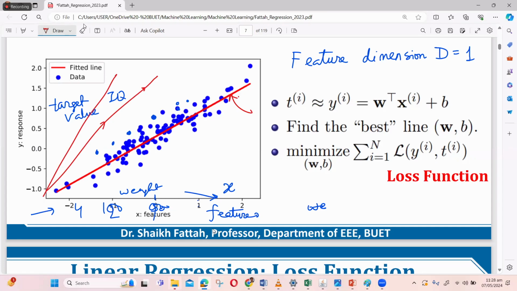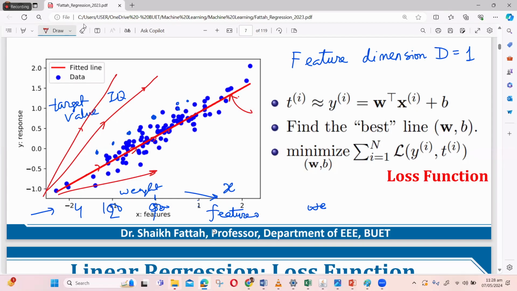They are not passing through the data points. This can also be a bad line, but this is a very good line. It is covering all the data points, very close to them. So this is the prediction line, and our objective is to find this line.